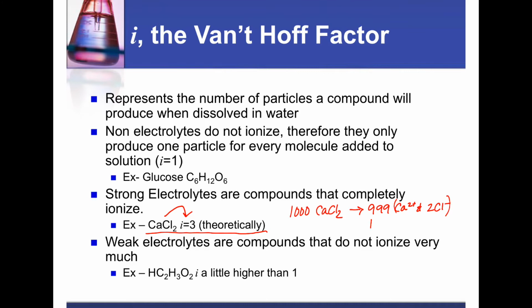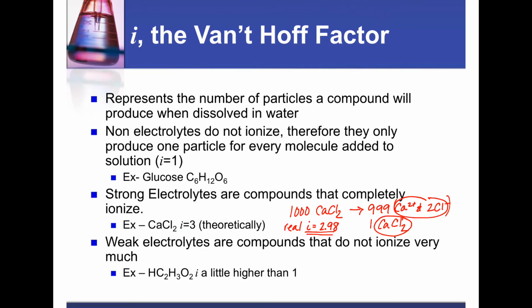But then there's one that is just going to tough it out. It stays as a calcium chloride. So theoretically, they should all have a Van 't Hoff factor of 3. But since we have those holdouts once in a while, the real Van 't Hoff factor is usually a little bit less than 3. So it's something like 2.98. When we're doing problems, we use a theoretical Van 't Hoff factor, but if we measure it in real life, we know that it's going to be just a little bit below what we think it should be.